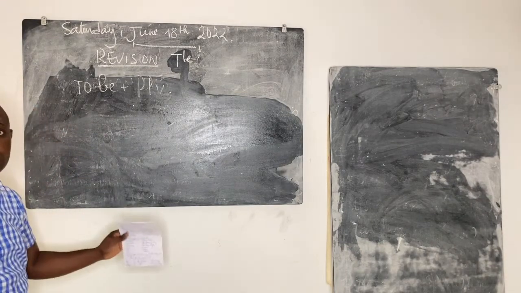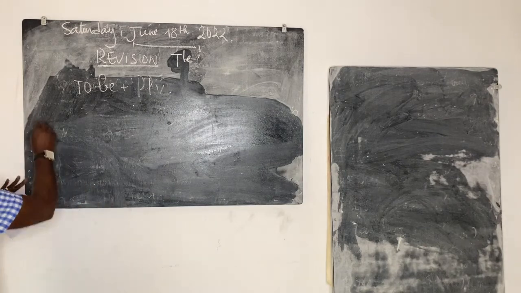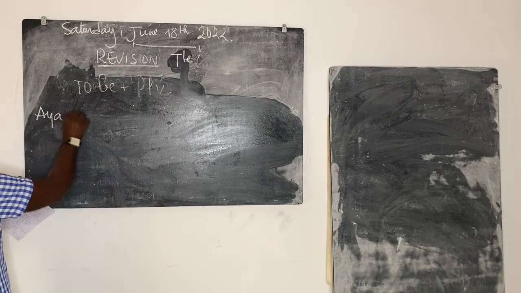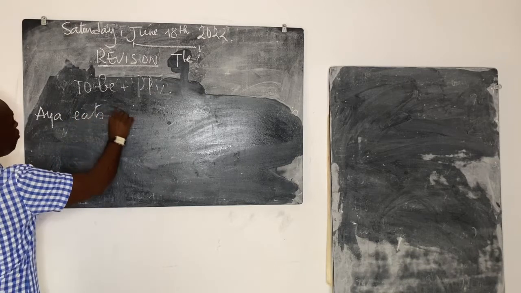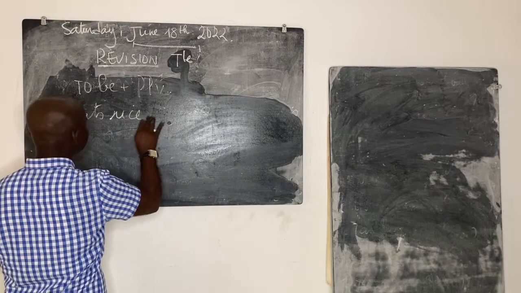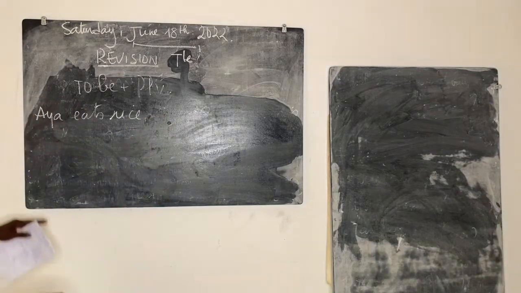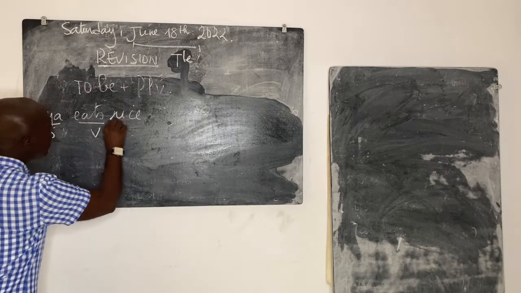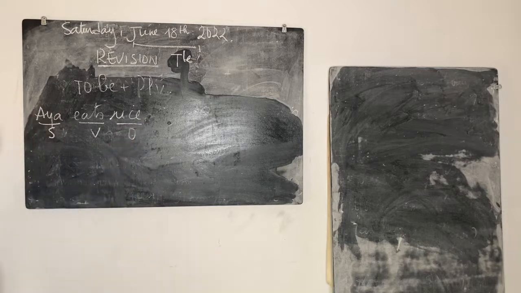Example, when we deal with the present passive, we're going to say, Aya eats rice. In this sentence, Aya is the subject, eats is the verb, and rice is the object.